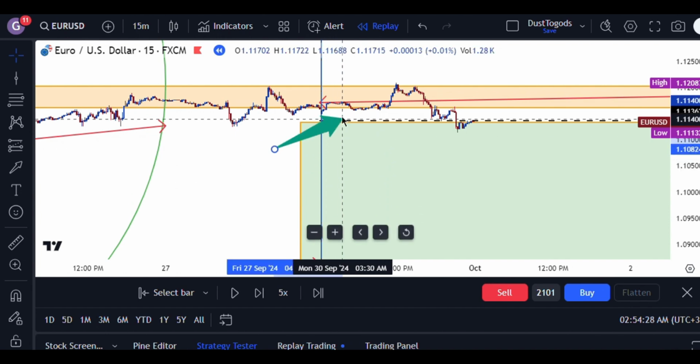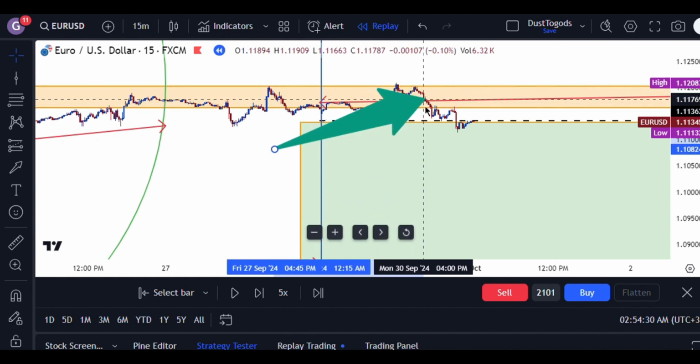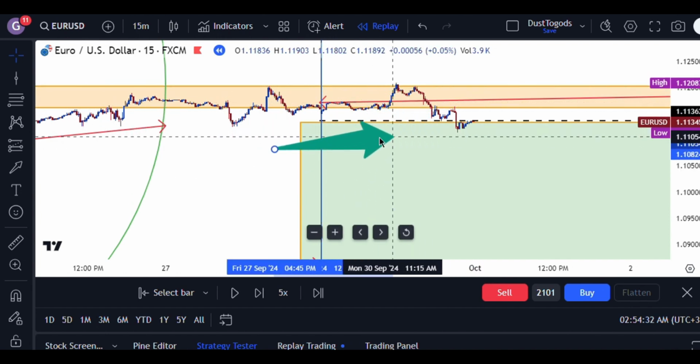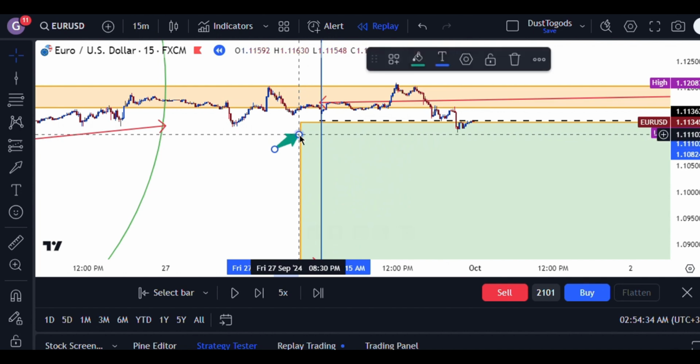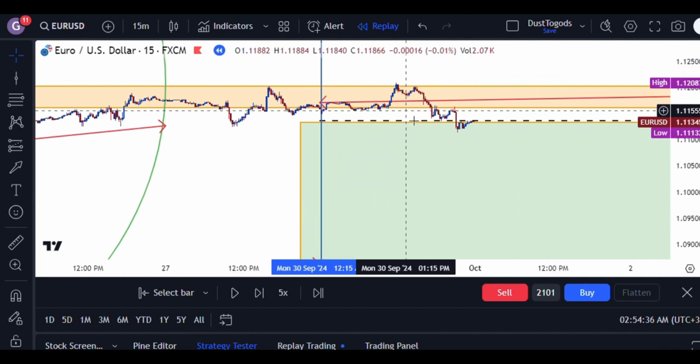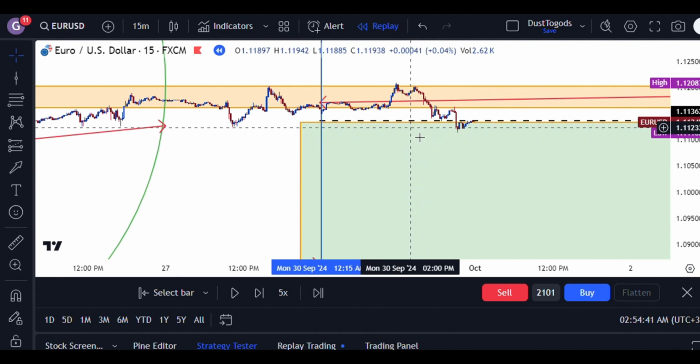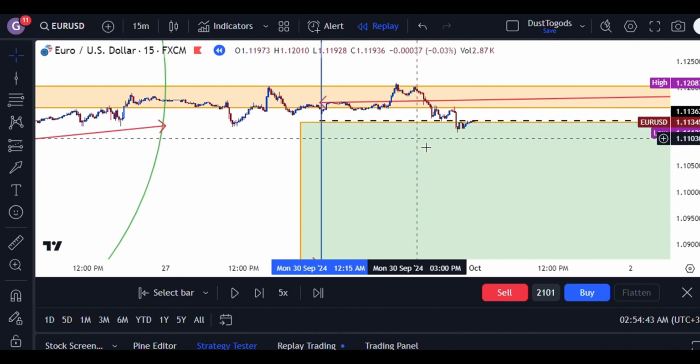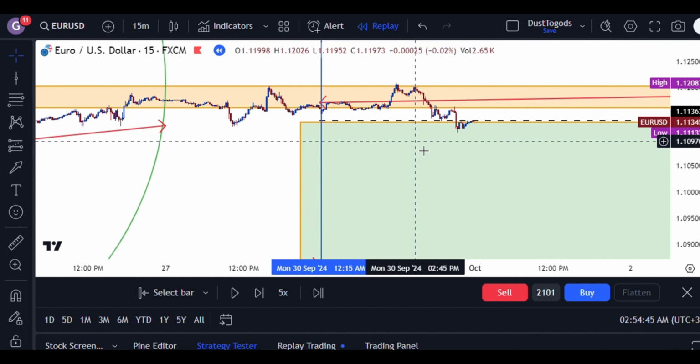Now at midnight on Monday, probably when you are still sleeping, the market still starts moving. As you can see, the candles start moving, but we are waiting until the New York session or London session when there is more volatility.